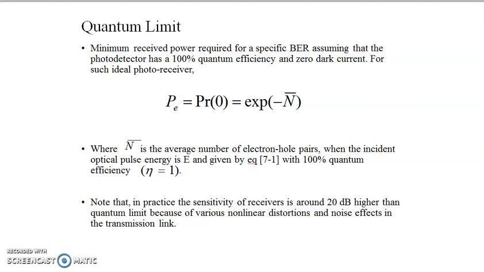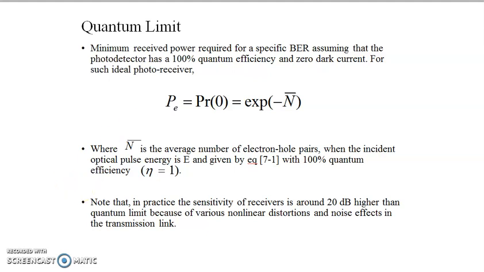That's how we can find the probability of error, which depends upon the average number of electron-hole pairs when the incident optical pulse energy is E. Based on that, we can say it is the sensitivity for a given particular signal.